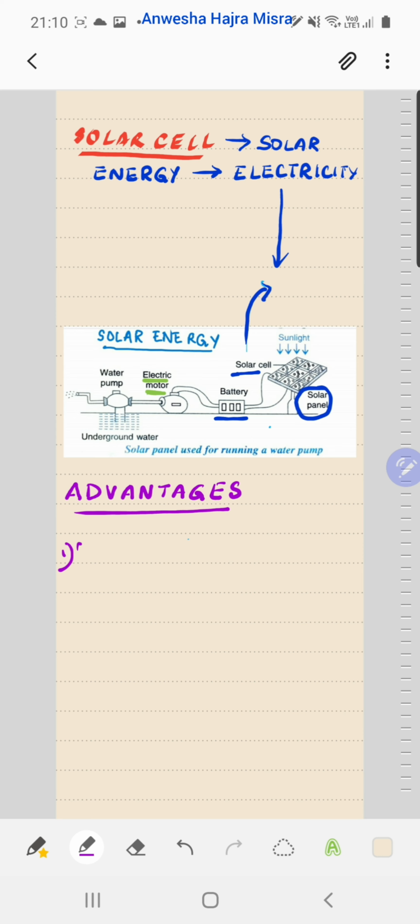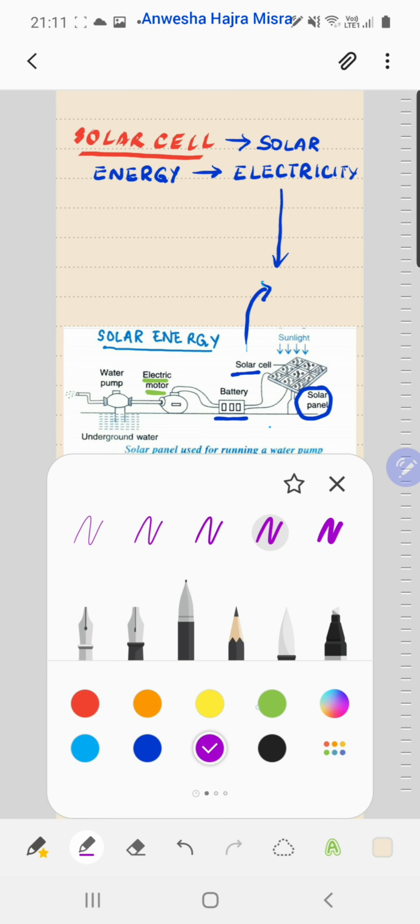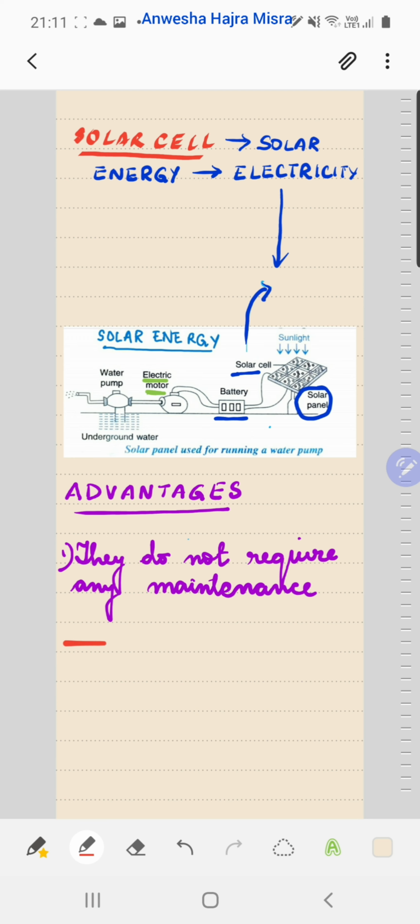Number two, they last over a long period of time, since you have a lot of the sun's energy.